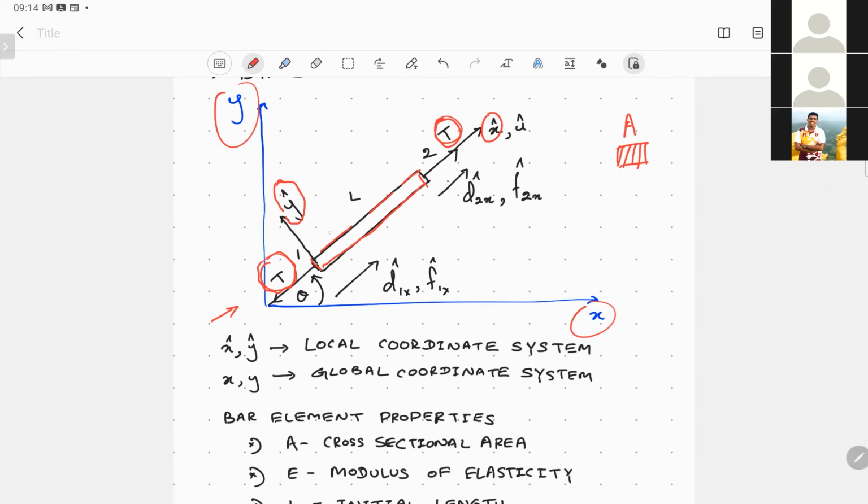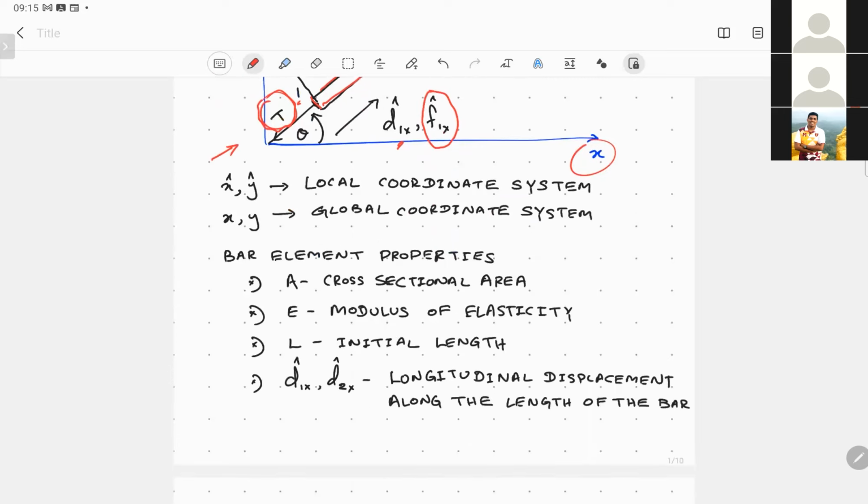So the bar element has a length of L, and it has two nodes, 1 and 2. The local forces acting on nodes 1 and 2 are defined by fx1 hat and fx2 hat. And the displacements at nodes 1 and 2 in the local coordinate system are d1x hat and d2x hat.